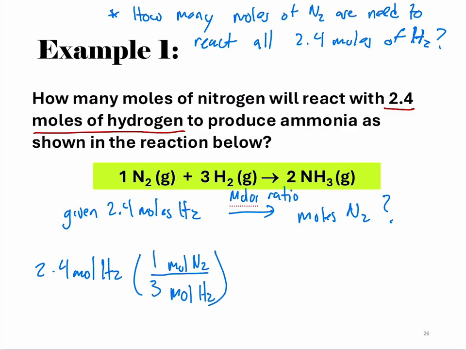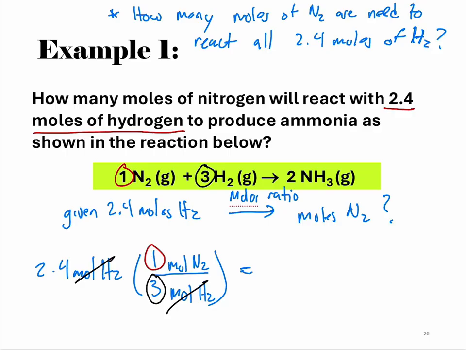Where do we get those numbers? The balanced chemical equation. So what happens to our units of moles of hydrogen? They cancel out, and now we're in units of moles of nitrogen.